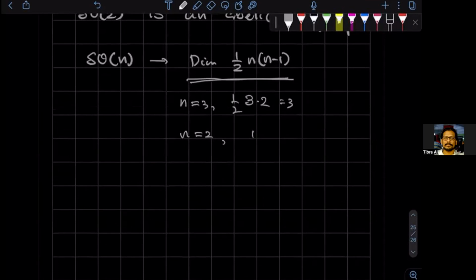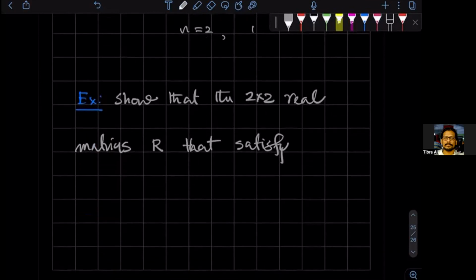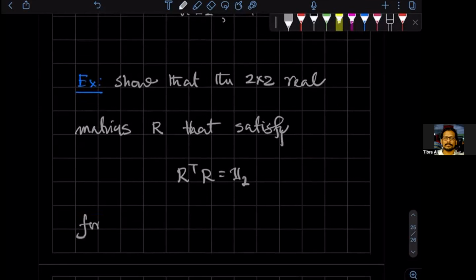So the exercise I want to give you is the following. To show that the 2 by 2 real matrices that satisfy R transpose R equals 1 form a group.